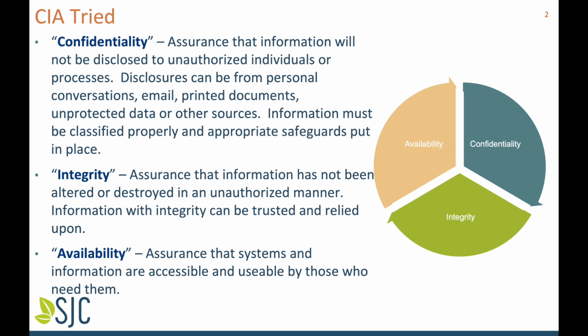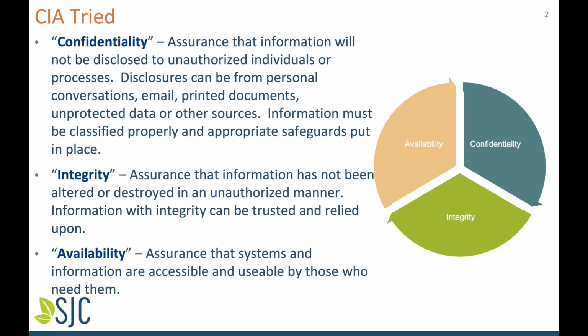The second pillar is integrity. Integrity is about assuring that information has not been altered, modified or deleted in an unauthorized manner. Only authorized individuals are allowed to alter it, otherwise the integrity of the information is compromised. So we need to make sure that integrity of information is always there.